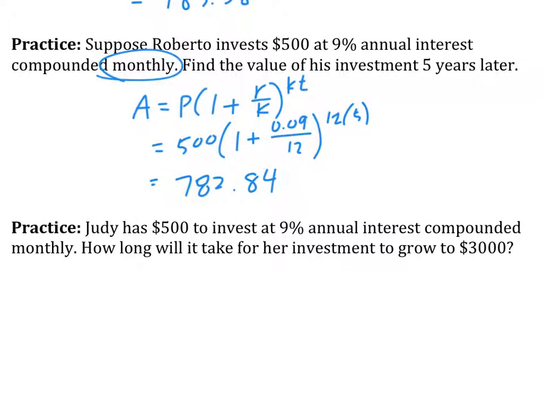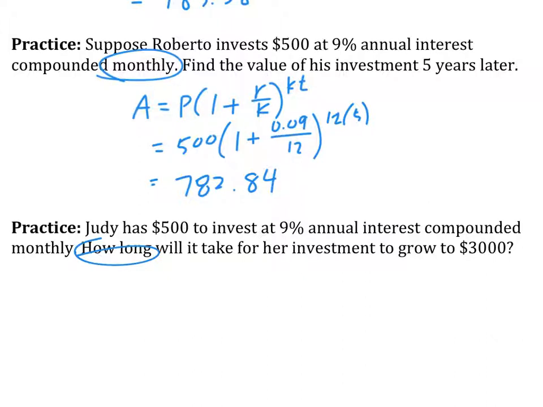Okay, another one. Judy has $500 to invest at 9% annual interest rate compounded monthly. So same rate as Roberto. How long would it take for her investment to grow to $3,000? Okay, so same kind of question, but a little bit different. So this time the question is how long?